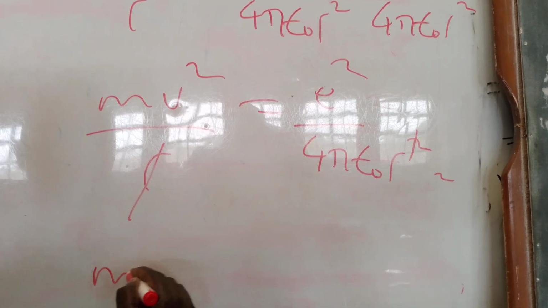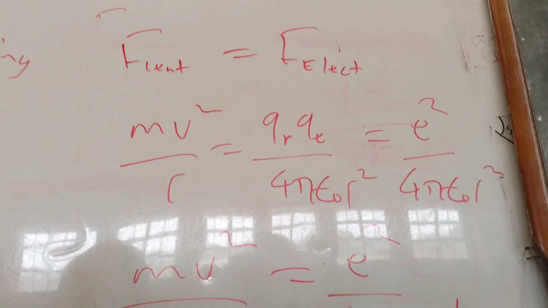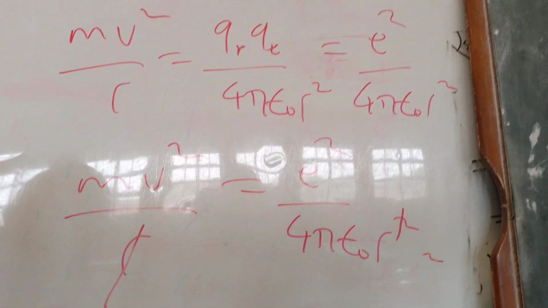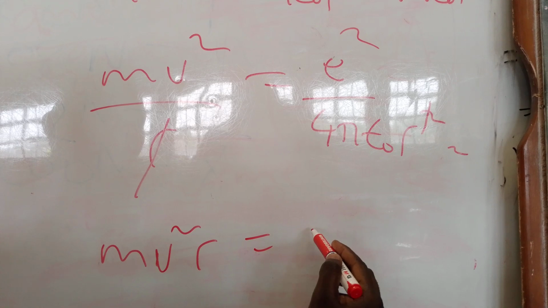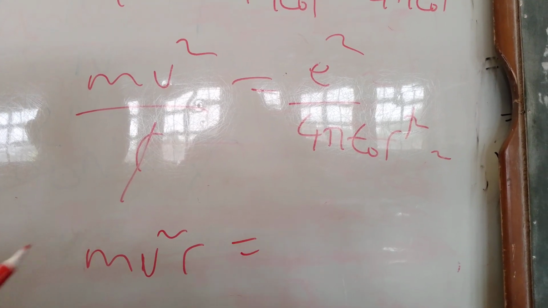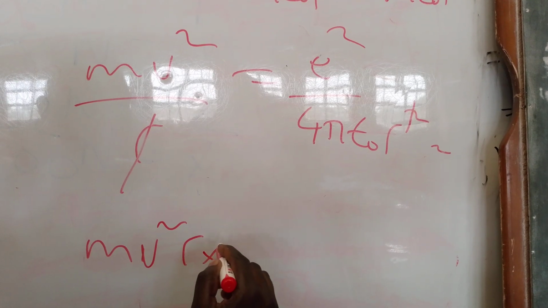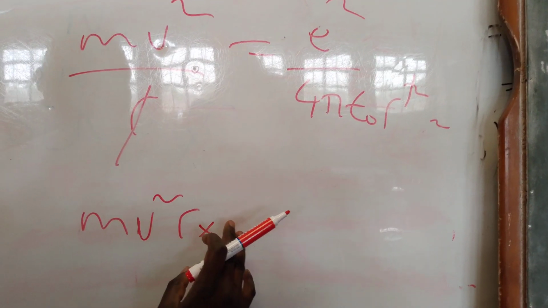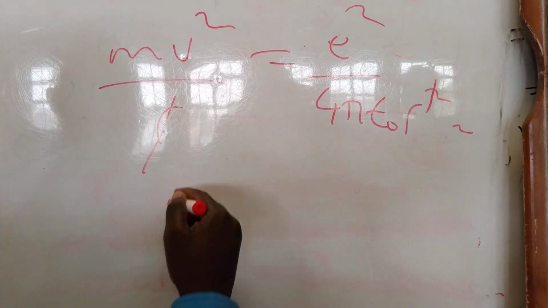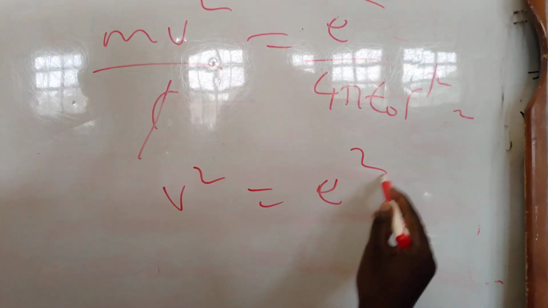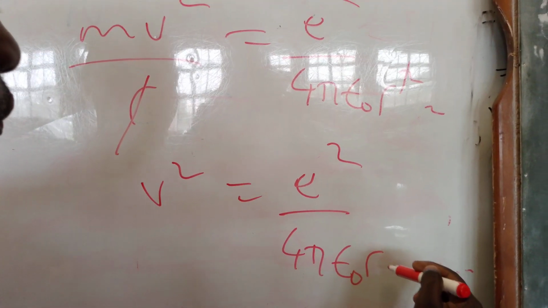So we cross multiply and have mv squared r equals e squared over 4 pi epsilon naught r squared, so we'll have v squared is equal to e squared over 4 pi epsilon naught r times m.